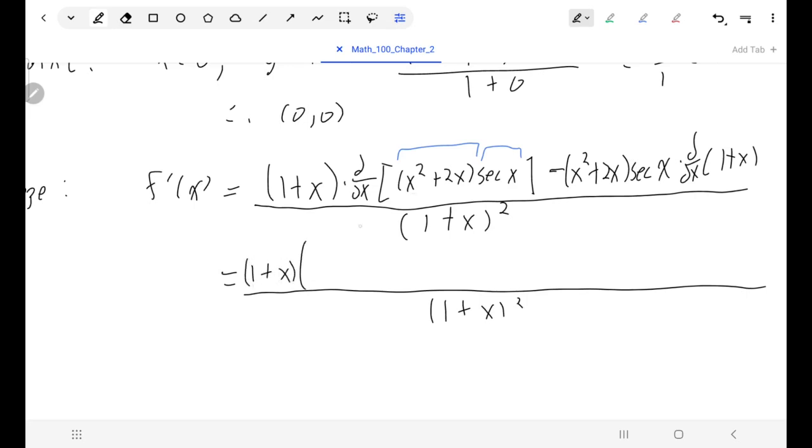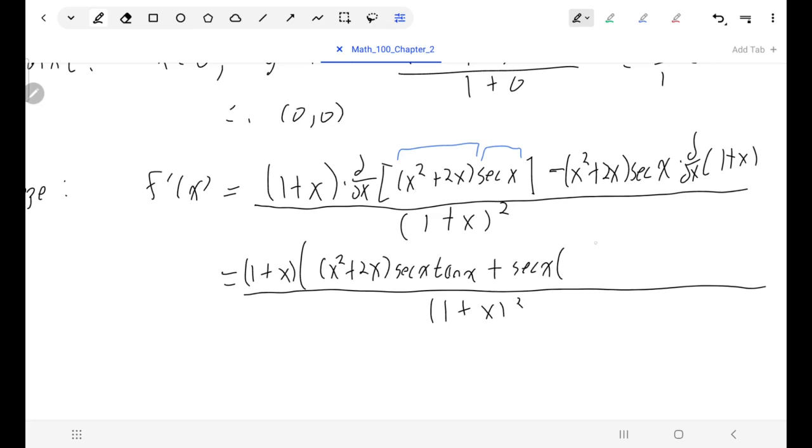Okay, so we have first thing as it is, derivative of the second, derivative of secant is secant times tangent, plus the second thing as it is, secant, times derivative of the first.